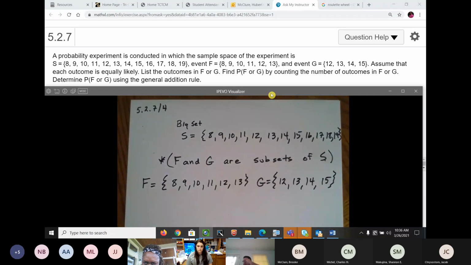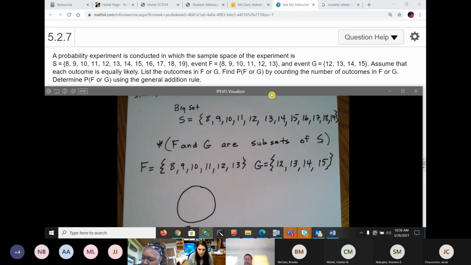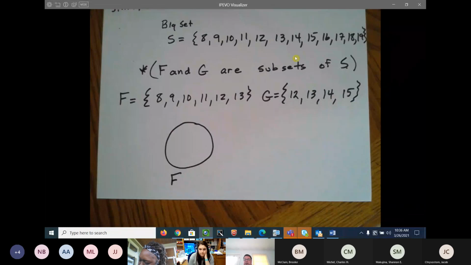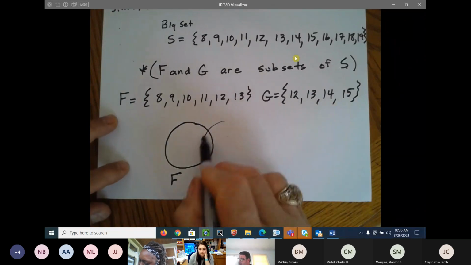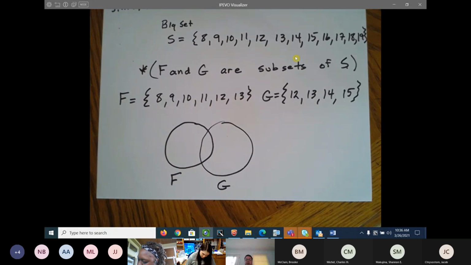Now I'm going to show you something. When I was in elementary school, we used to talk about sets being in circles. Yep. And this is set F. Good. I'm glad I'm not crazy. And set G is right there.